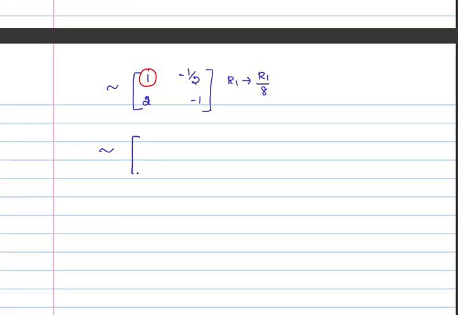Second, I want to make this entry 0. The first row I don't disturb. So R2 becomes R2 minus 2 times R1. This becomes 2 minus 2 is 0, and minus 1 plus 1 is 0. So this entry is also 0, and I have only one pivot. Take this as U1.